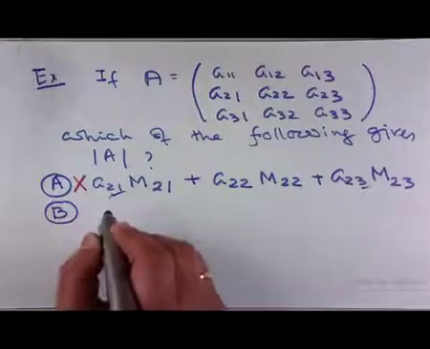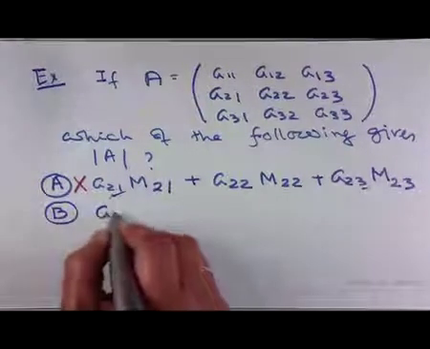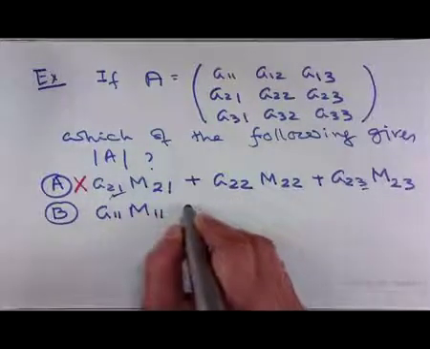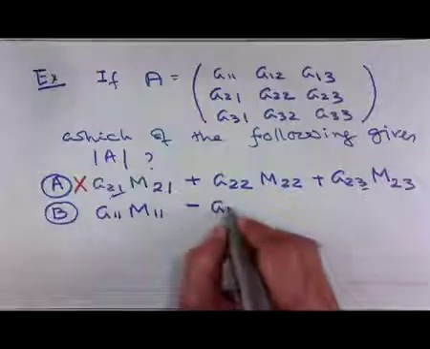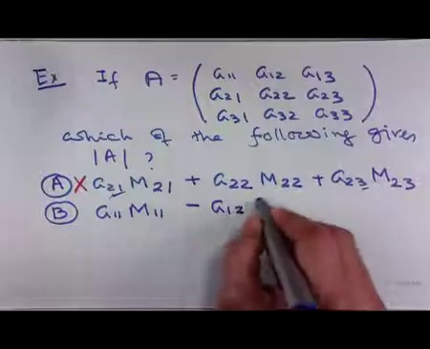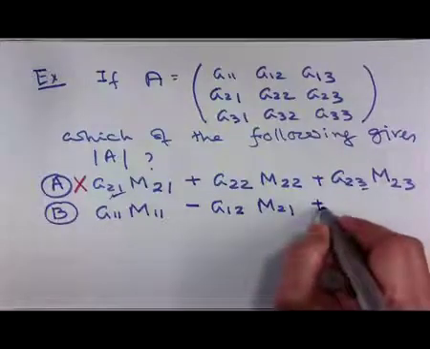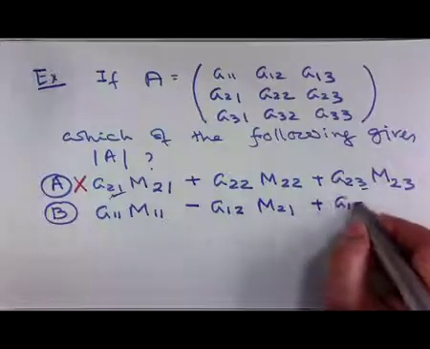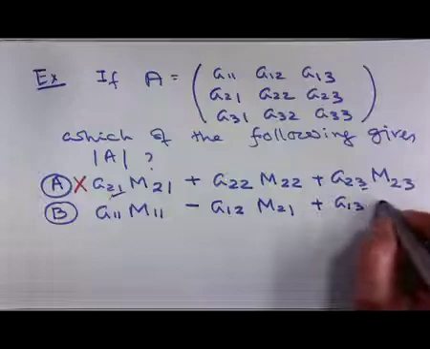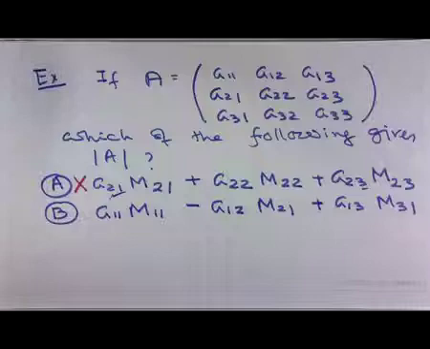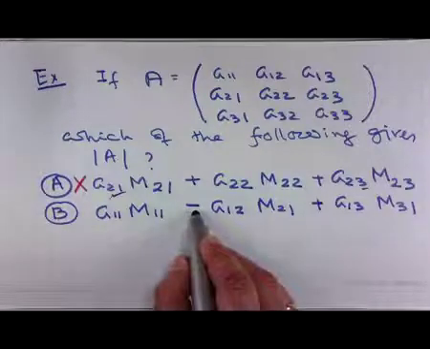Option B, a11 into M11 minus a12 into M21 plus a13 into M31. As we can see, it has taken care of the sign.